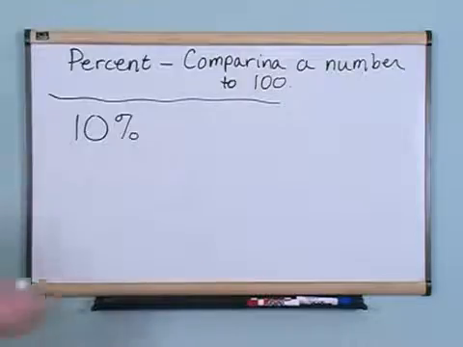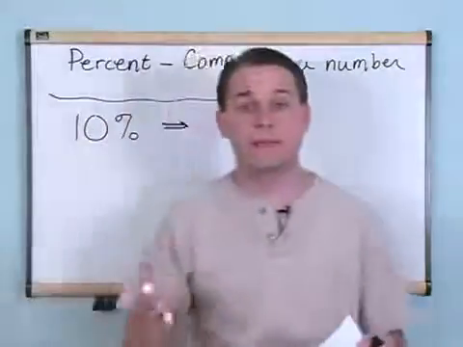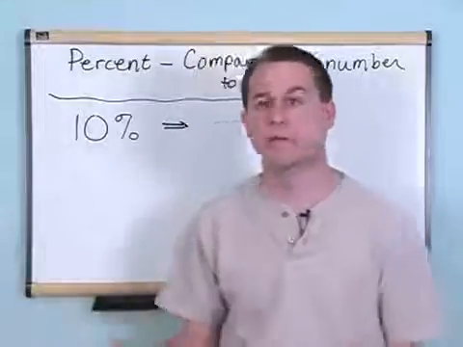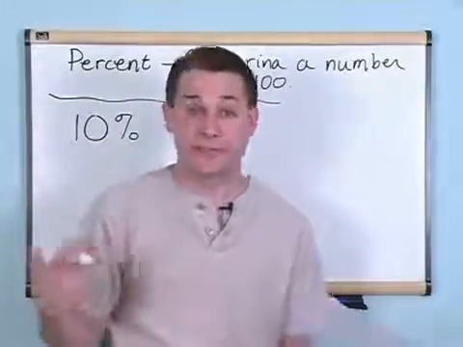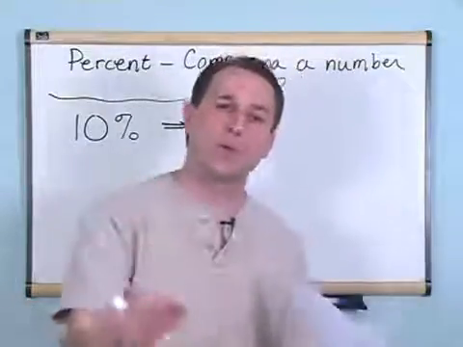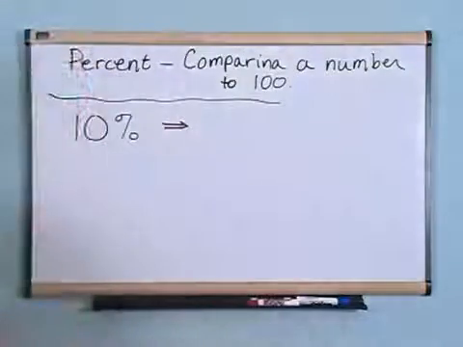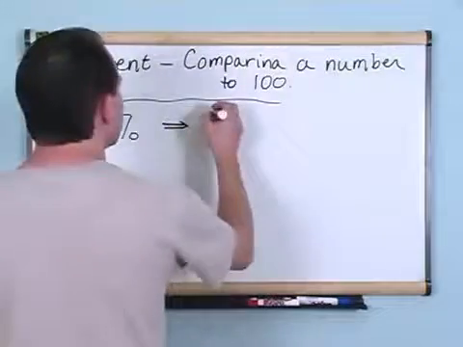Now the question is, what does it mean? What I told you already is that percent is comparing a number to 100. So when you write down 10%, all you're doing is saying 10 compared with 100. So I'm going to write that down in a way that we can see what we're talking about.